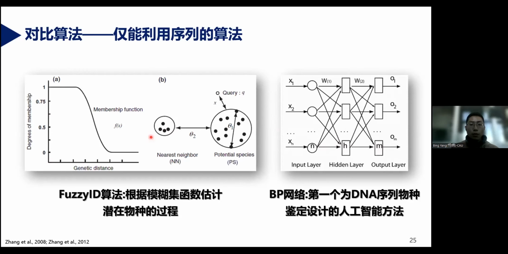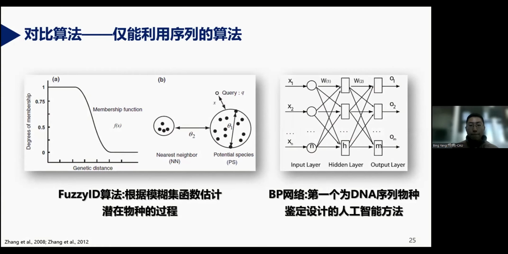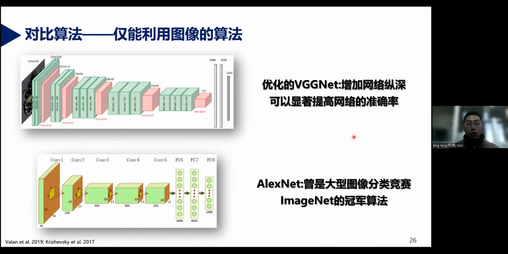On the left is the fuzzy ID algorithm, which shows a reduced false positive. And on the right is BP. It's the first AI method designed for DNA sequence species identification.